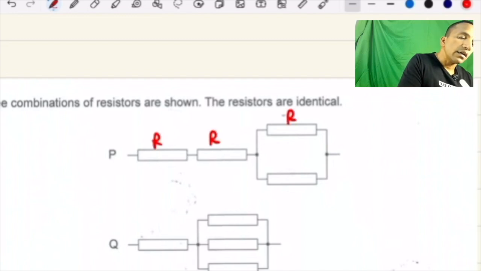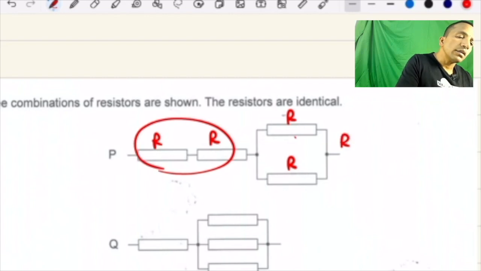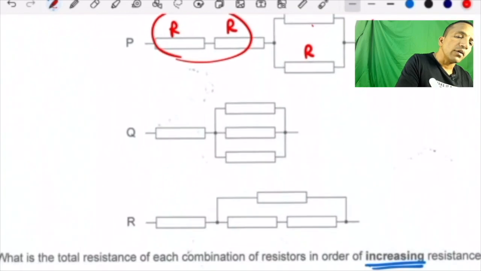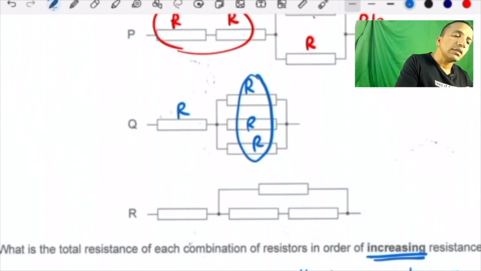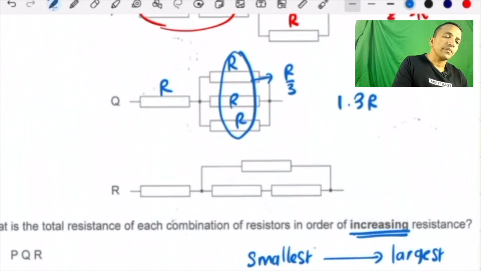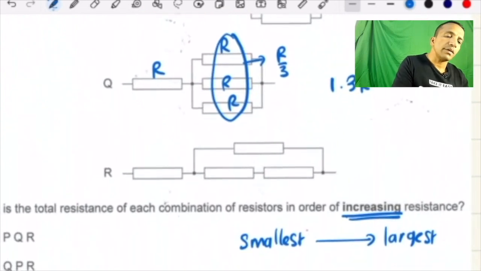This is R, R, R, R. So this is 2R, this is R/2. So altogether 2.5R. In this case, if this is R, R and R, this is also R. So this total resistance is R/3. So 1.3R is the answer for the second combination.